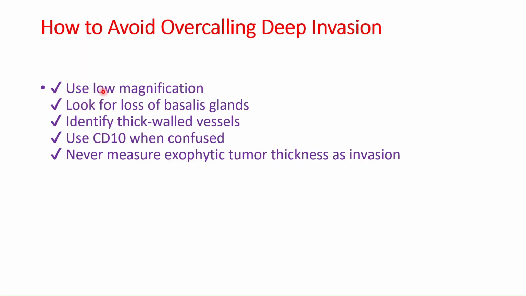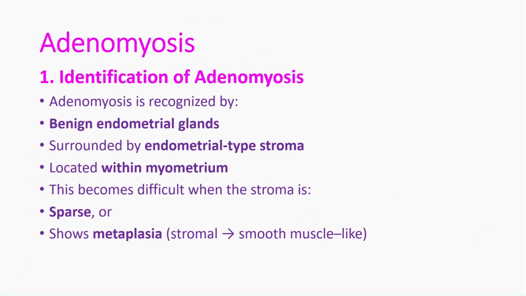So to avoid overcalling deep invasion, we have to look at low magnification, look for loss of basalis glands, identify thick-walled vessels. Whenever there is confusion, we can use CD10, and never measure exophytic tumor thickness as invasion.